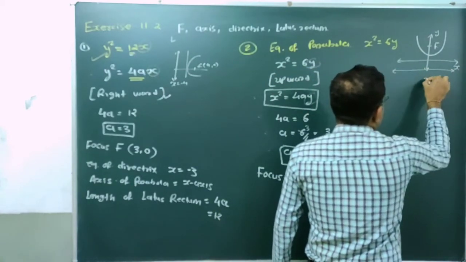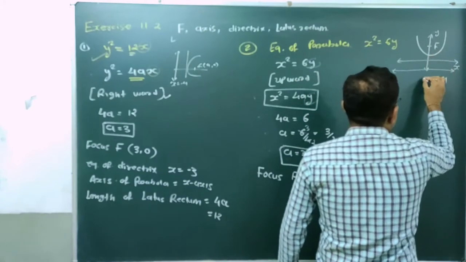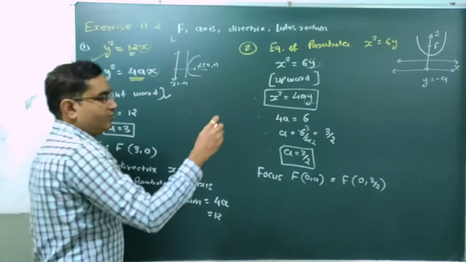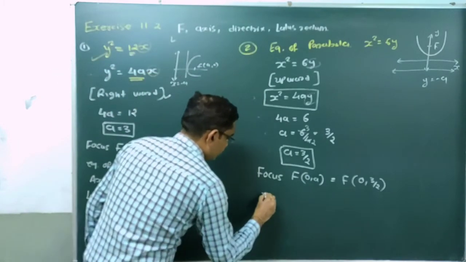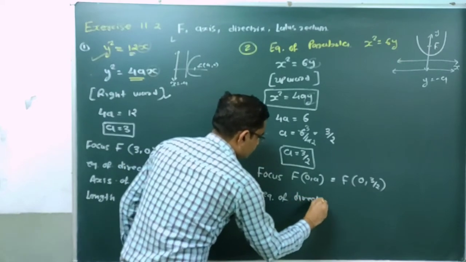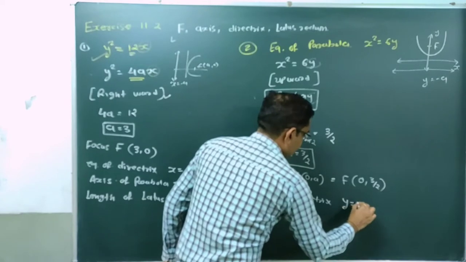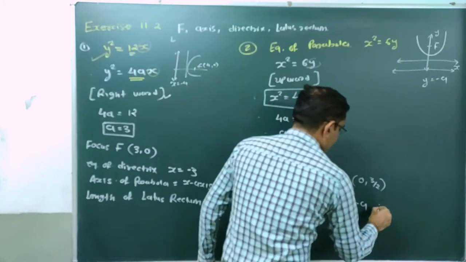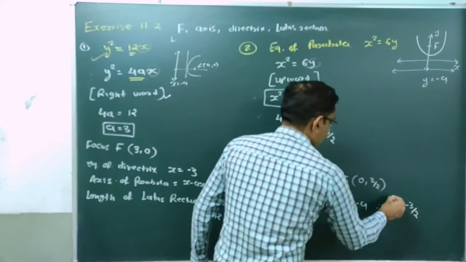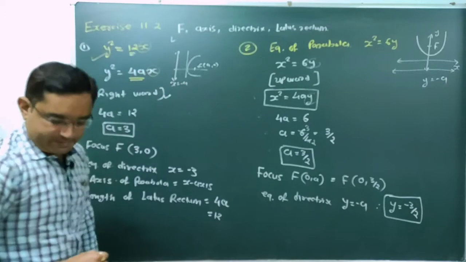It is a horizontal line, which is x equal to, sorry, y equal to minus a. Equation of directrix is y equal to minus a, and therefore y equal to minus 3 by 2 is the equation of directrix.